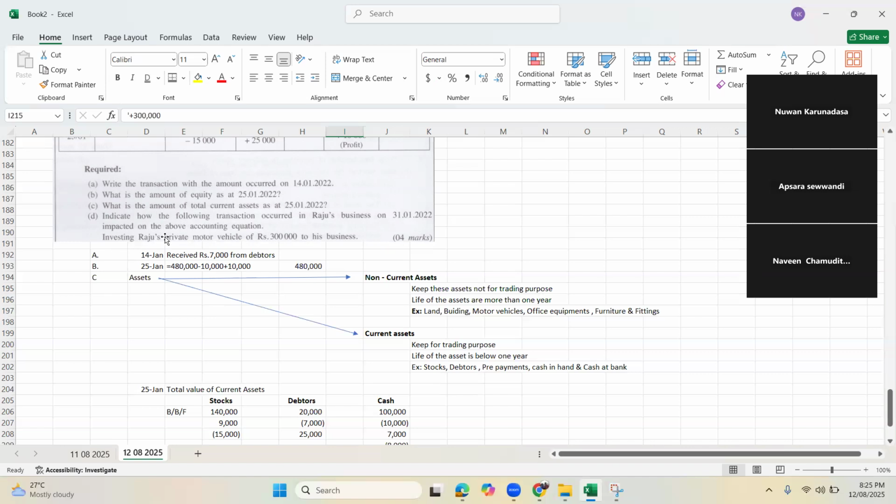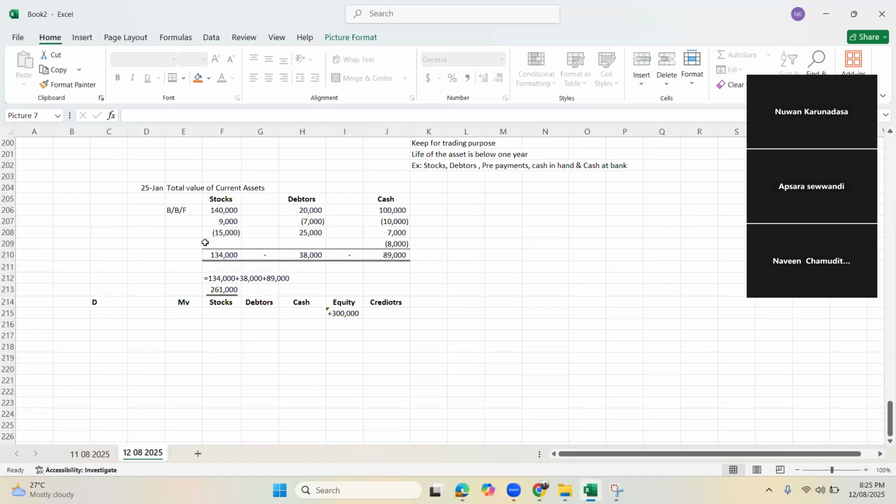See, investing Raju's private vehicle, very important. You are receiving a vehicle. But is there a change in the cash? No, it's wrong. So what else? Think. Apsara? What's happening?